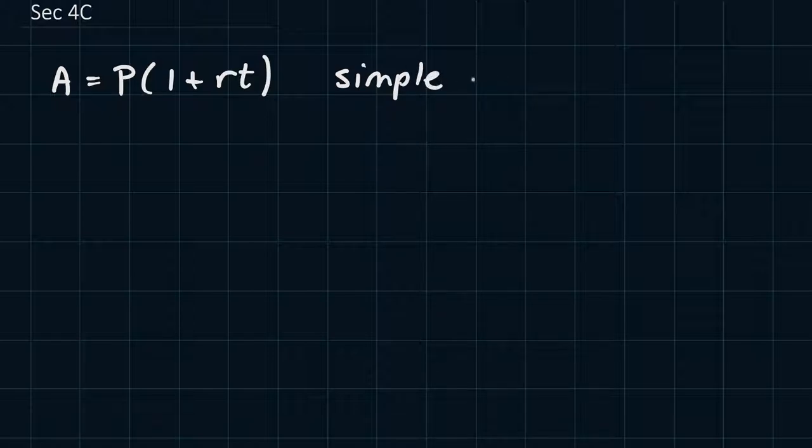We've been looking at problems dealing with a few formulas. We had the simple interest formula, which was A is equal to P(1 + rt). And we did a few problems with this one.